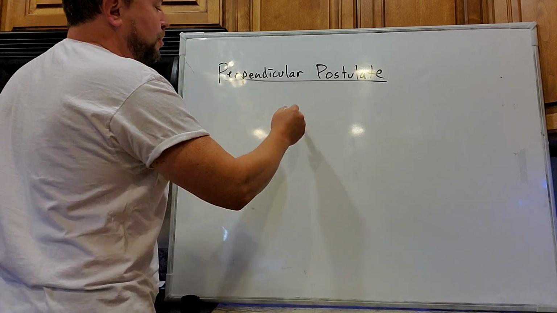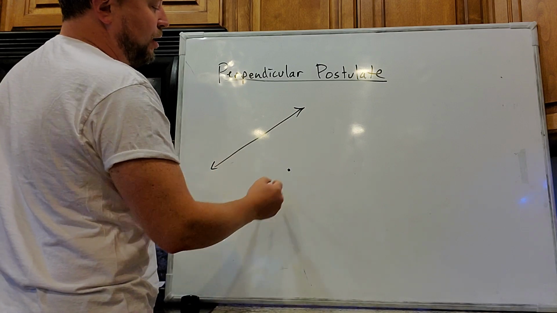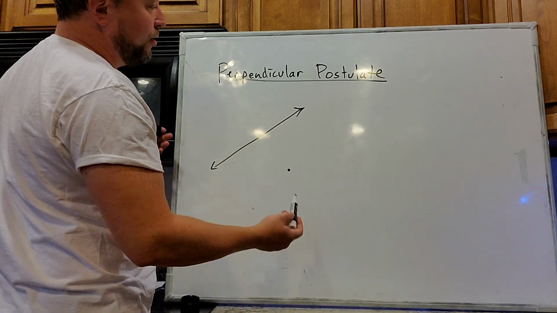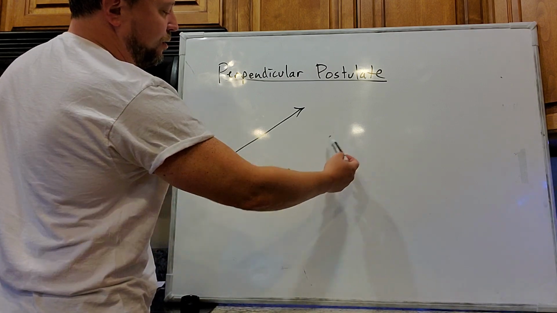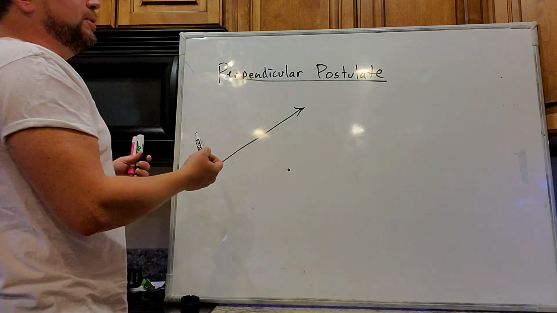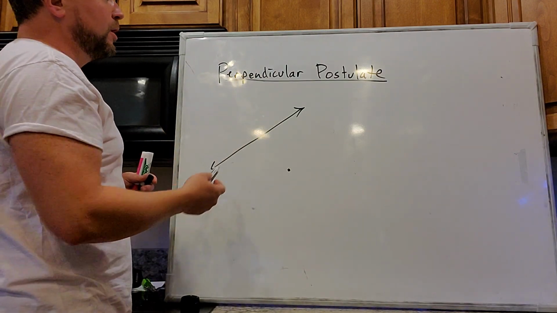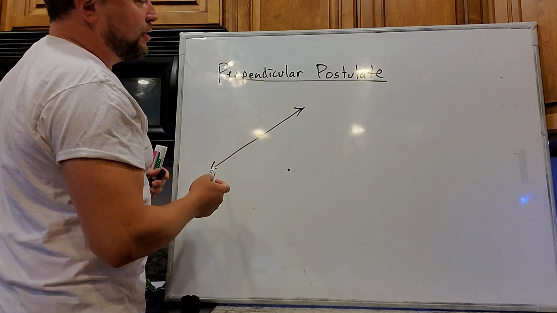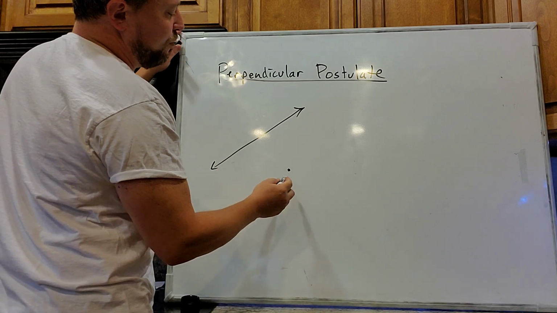If you remember right, on the parallel postulate, we said if you have a line and a point not on the line, there was one and only one line that would be parallel to that one right there. Well, the perpendicular postulate is just going to change from parallel to perpendicular. And again, it says really the same thing. It says there is one and only one line that we could draw.